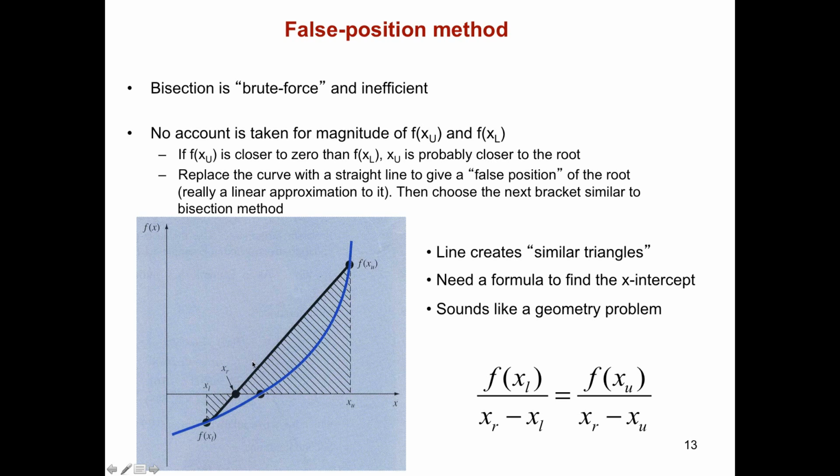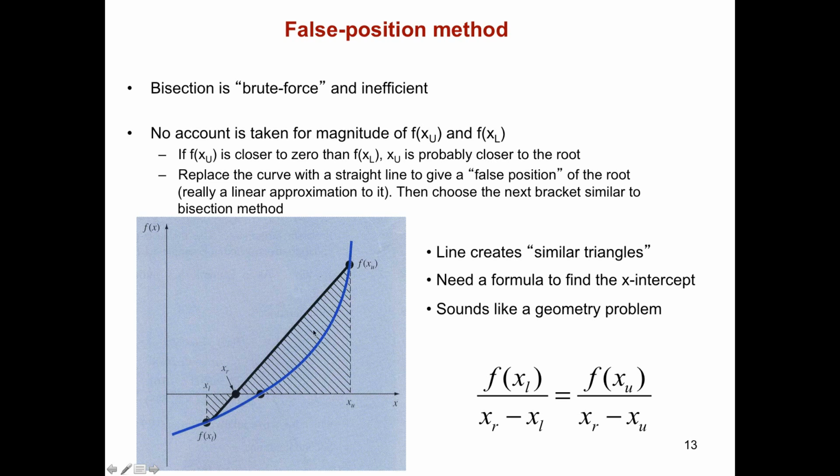Then I search for the point where this linear approximation intersects the line y equals 0. That's, I'm hoping, a better estimate for the root. So instead of halving, having my xr right in the middle, I'm going to go for this estimate, which I can get from geometry.